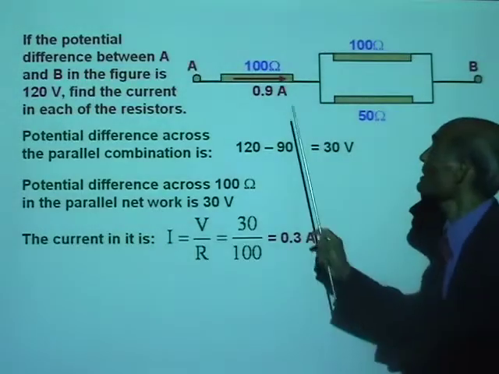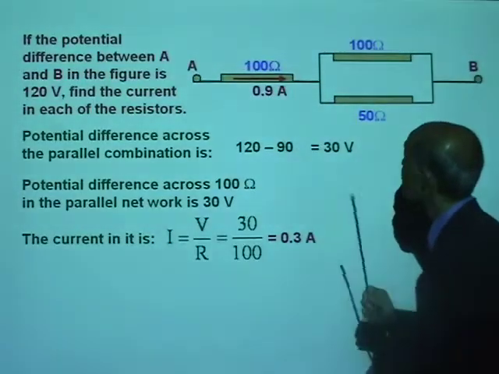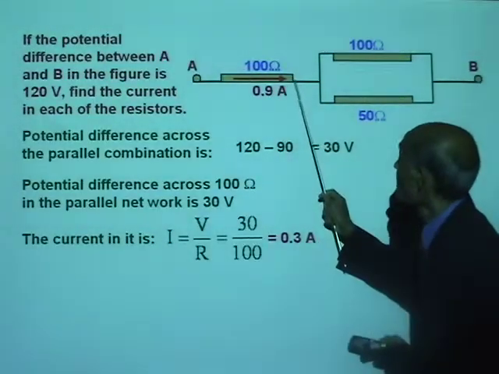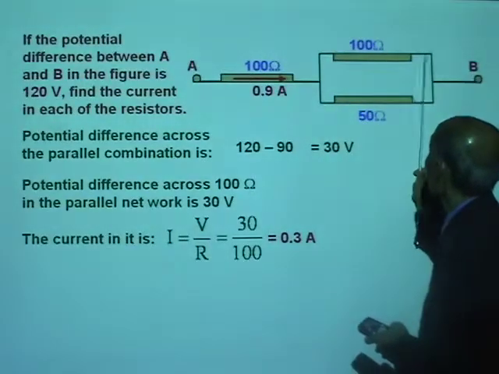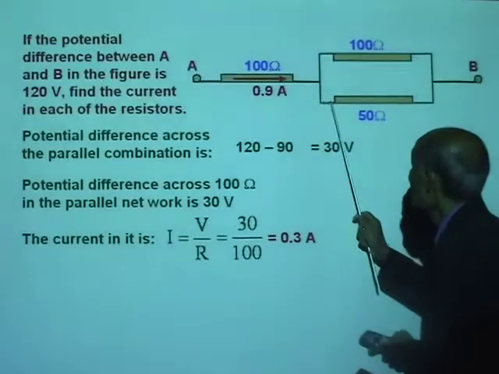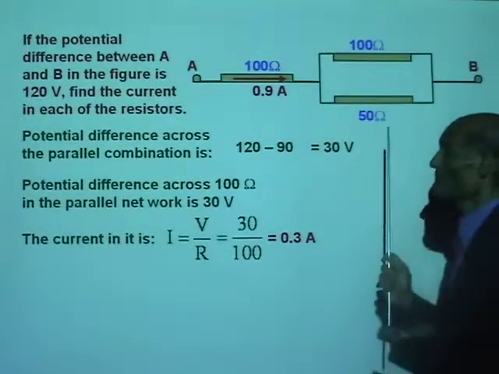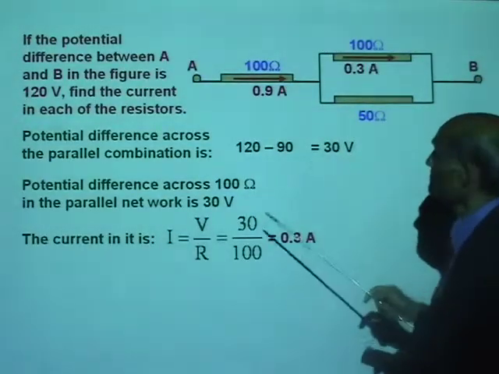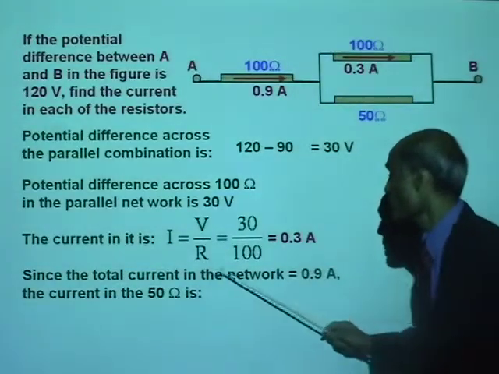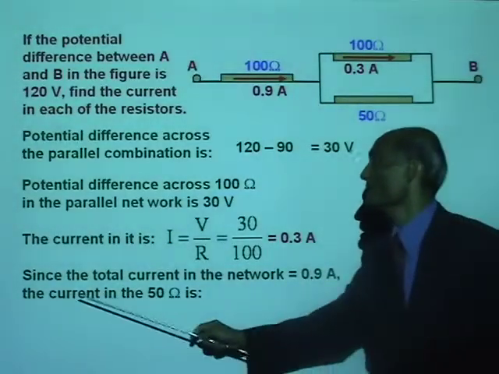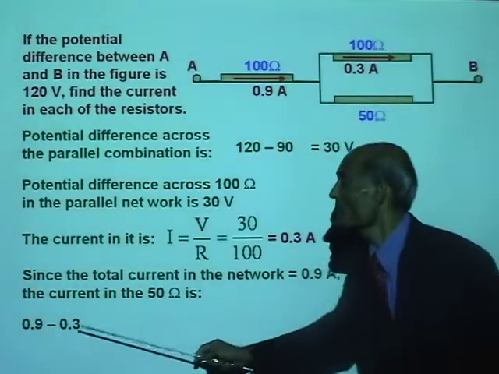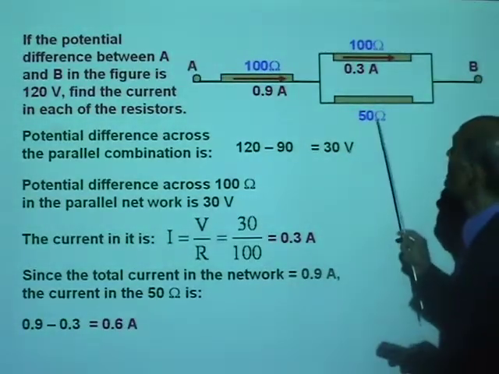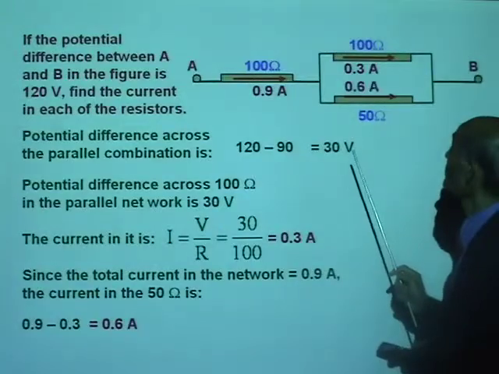Well, that will be 0.9 minus 0.3, is that right? When 0.9 ampere comes here, 0.3 goes through 100 ohm, so the remaining must go through the 50 ohm. Alright. Now, since the total current is 0.9 ampere, the current in the 50 ohm is 0.9 minus 0.3 equal to 0.6 ampere.